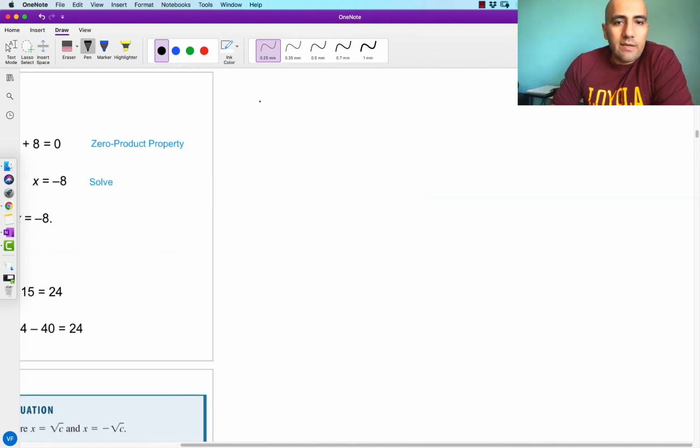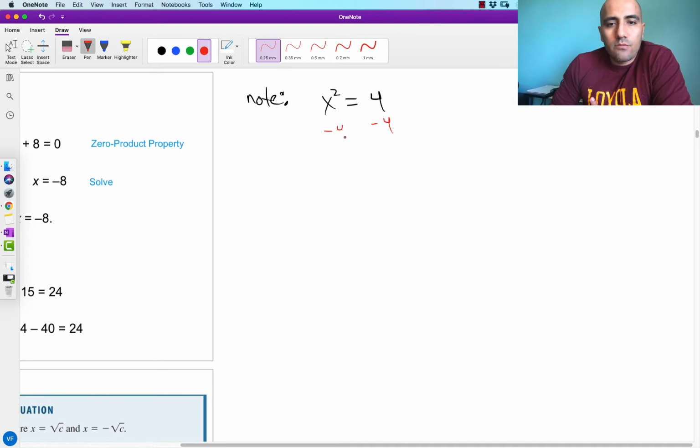So let's say, for example, note that if we had x squared equals 4, we had this. Okay, so if I choose to move the 4 over, then I end up with x squared minus 4 equals 0.